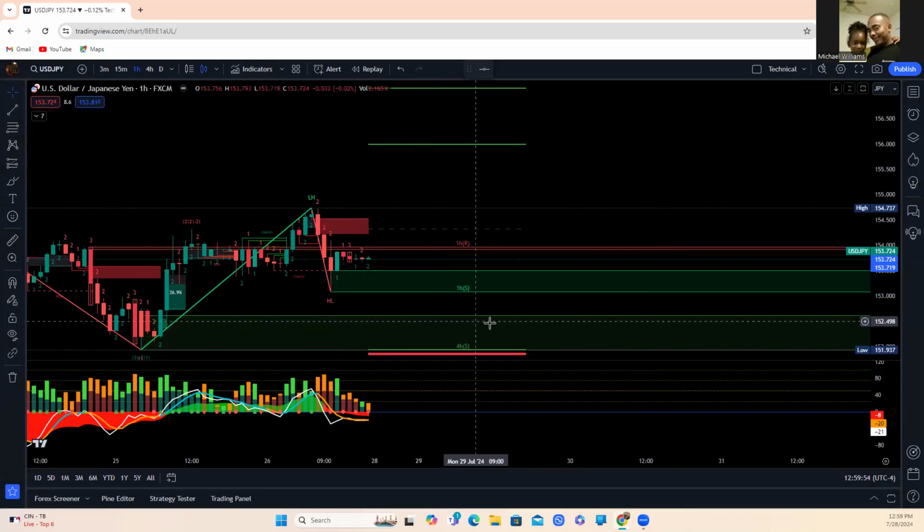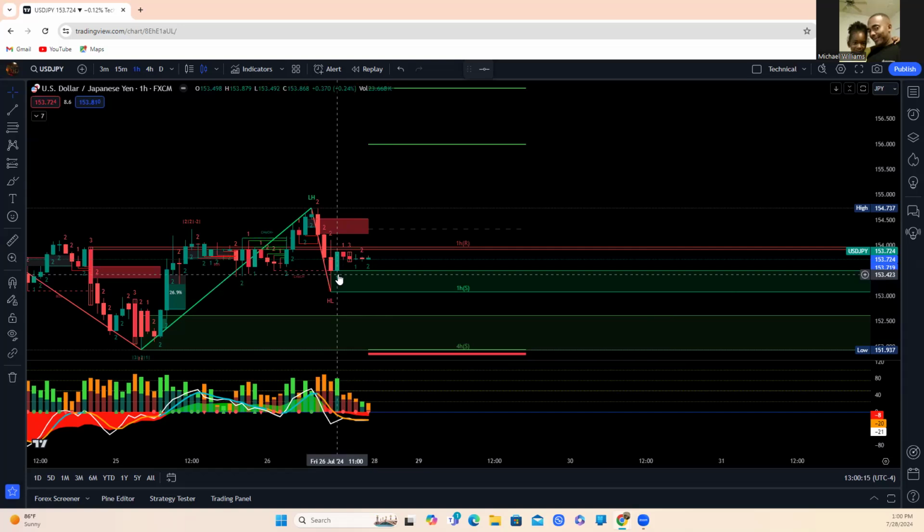Utilizing the supply and demand strategy and process, we see here price came into our demand zone, our support, our 1 hour support. And you see we ended up getting a two down. Then the next candle, the 11 o'clock candle, ended up being a one up.